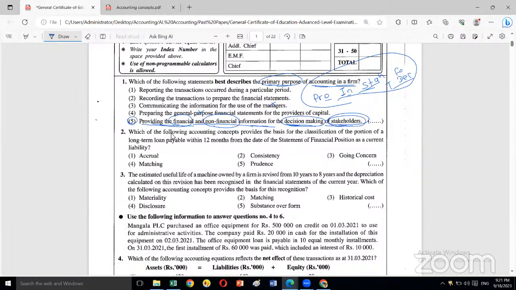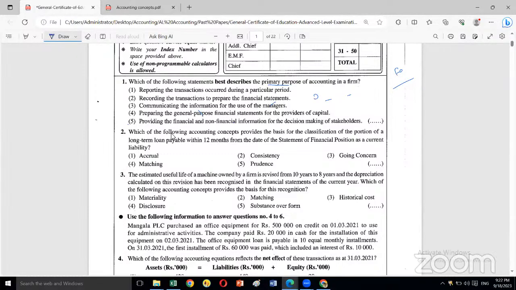Another keyword is stakeholders, and providing information. That is the primary purpose of accounting.